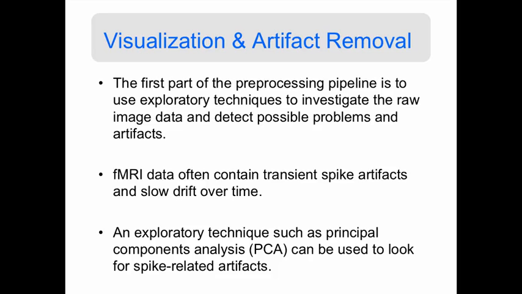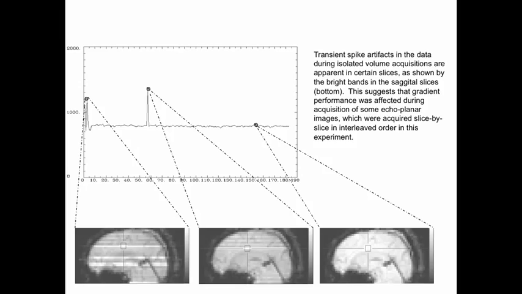So here we often use an exploratory technique such as principal components analysis, or PCA, and use that to look for spike-related artifacts. Here's an example showing transient spike artifacts in the data that were acquired at certain volumes across time. And these artifacts are due to the gradient performance being affected during the acquisition of some of these EPI images, these echoplanar images.